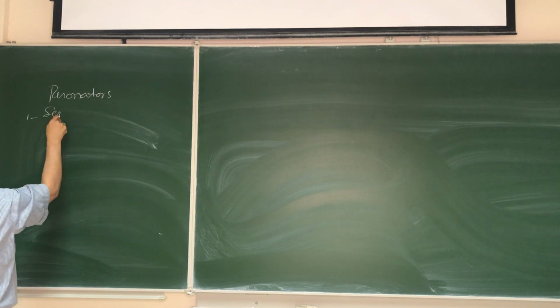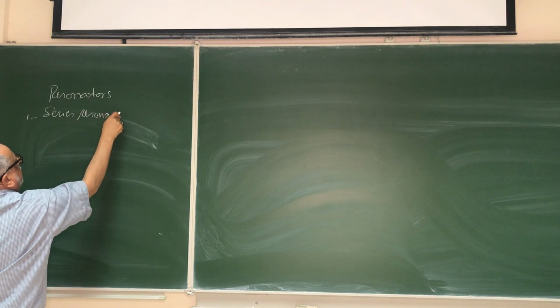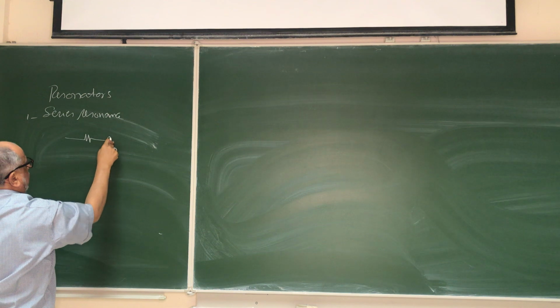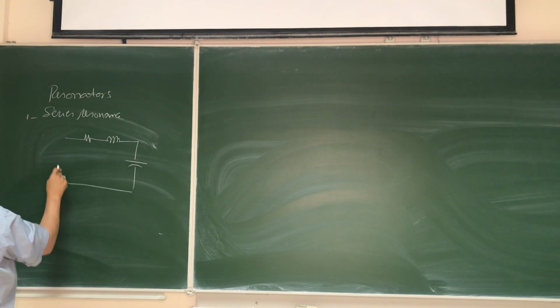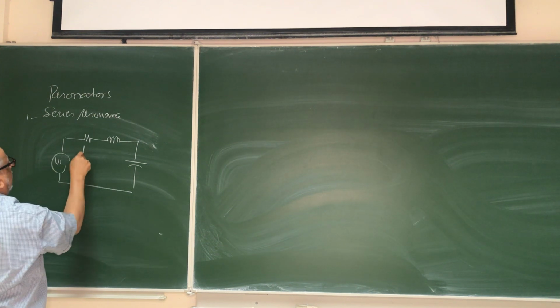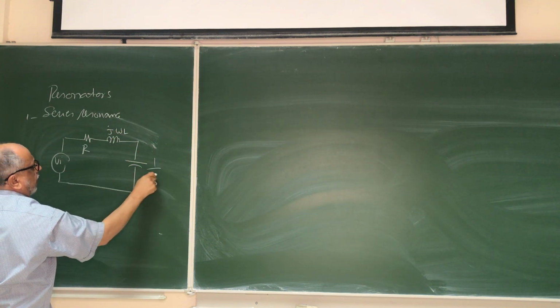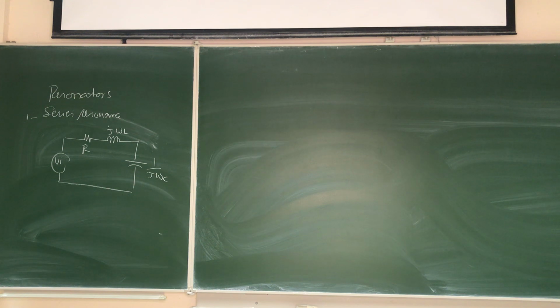One is series resonance, and as I said, we have to have at least one inductor and one capacitor in the circuit. Otherwise, there will be no resonance. So let's say this is Vi, R, j omega L, 1 over j omega C. This circuit, at a certain frequency, will resonate.